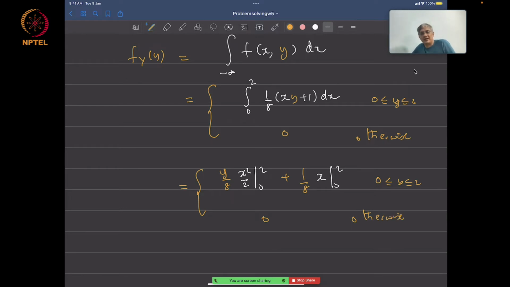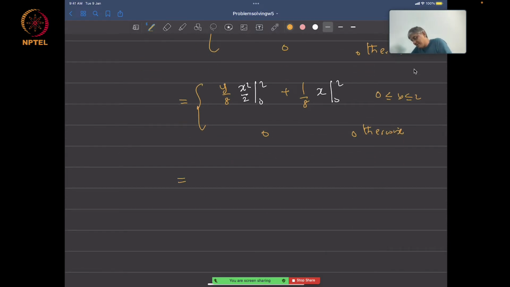Okay, it's quite nice. So what's that going to be equal to? I'll have y by 8 times 4 by 2, so 2, which gives y by 4, plus 1 by 4, for y between 0 and 2, and 0 otherwise.